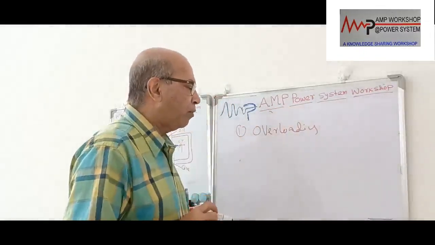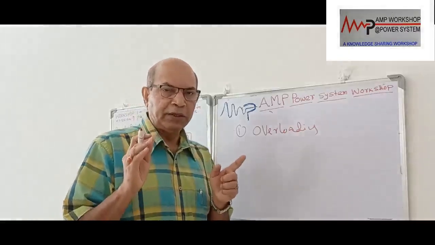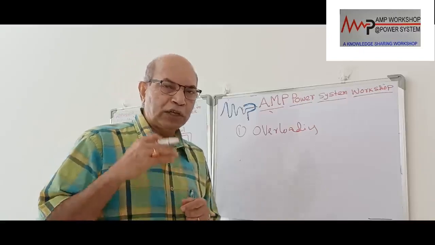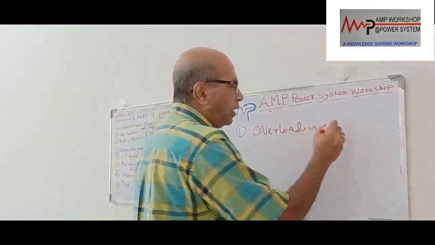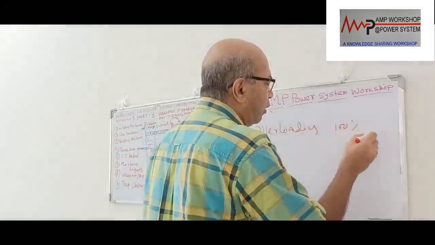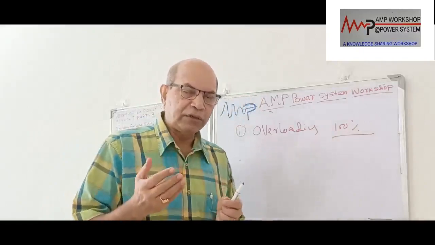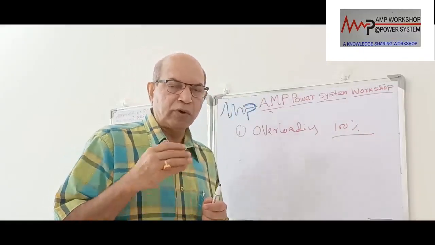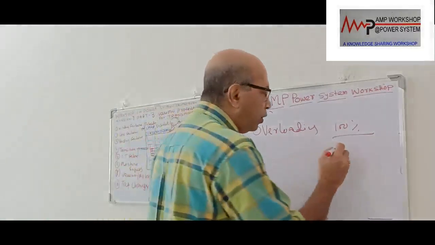We have already discussed that each transformer has a rated capacity to carry current. Accordingly, the insulation system and everything has been designed. Now, if we load the transformer beyond its capacity, above 100% capacity, then what will happen? The transformer will carry the power, but ultimately the insulation will be overheated due to high current. As more and more current flows, the copper loss, I squared R T loss, will be more and more.